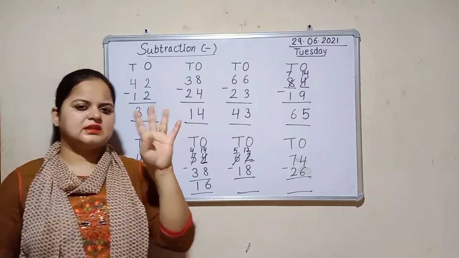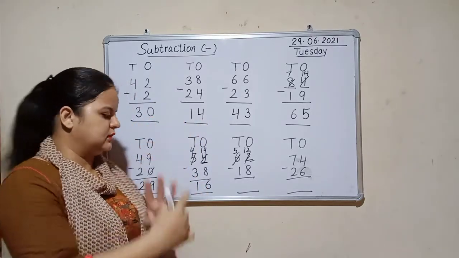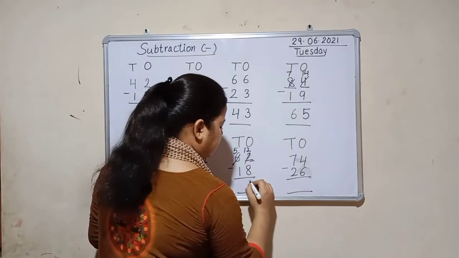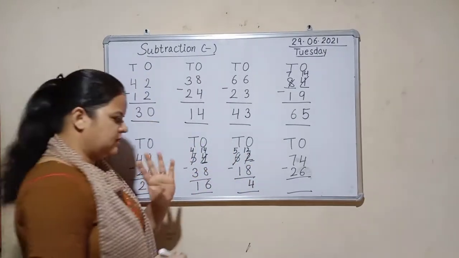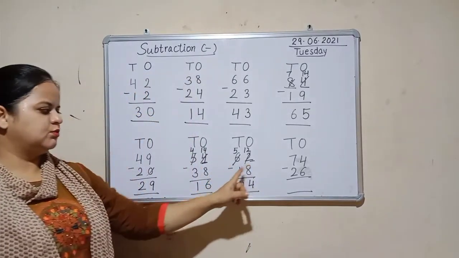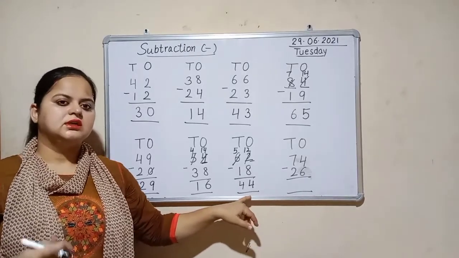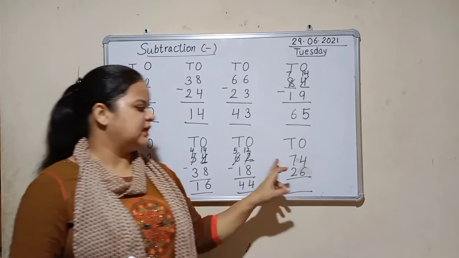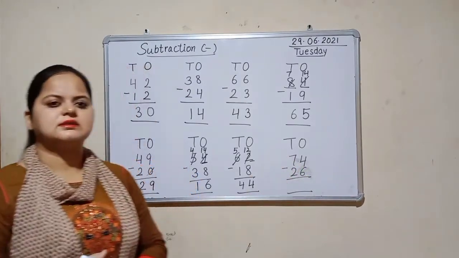How many fingers are these now? 1, 2, 3, 4. 12 minus 8, 4. 5 minus 1, 4. 62 minus 18 is 44.